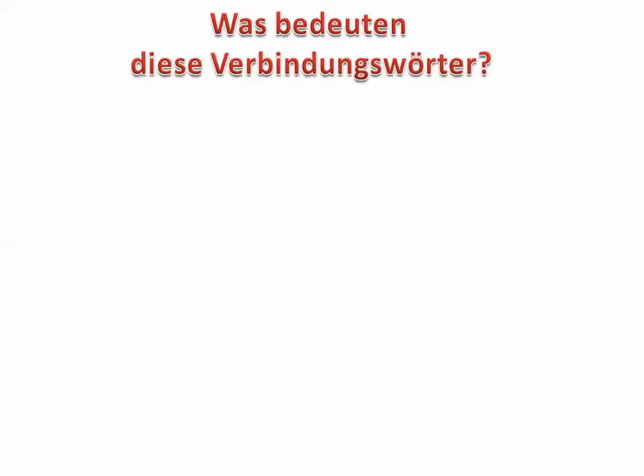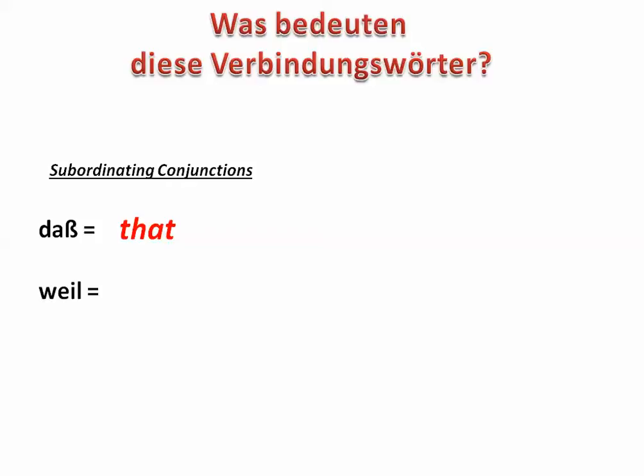Two very important verbs. Now, I also want to talk to you a little bit about conjunctions here, and we're going to compare them by using subordinating conjunctions dass and weil. Dass with a double S means that, but used as a conjunction. For example, I know that you can speak German. Weil is because, and it's also a subordinating conjunction in German.